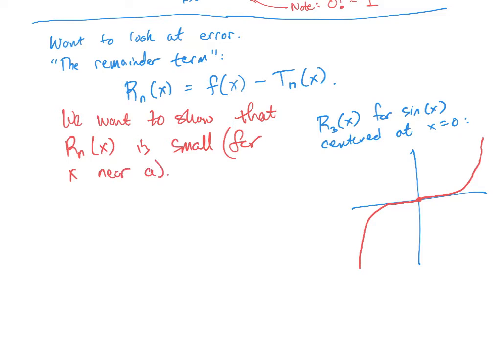Our goal is to show that this remainder term, which is the error, is small, although again, we can't hope that it's small on the entire real line. We can only hope that it's small when x is near a.